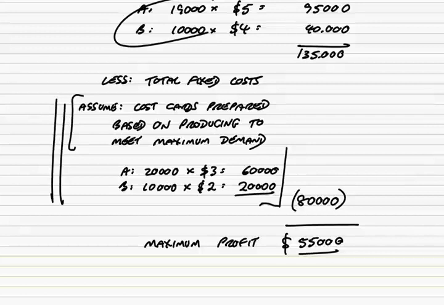Materials, it's $8 a unit. In total, more units, more materials, less units, less materials, and similarly labor, and similarly other variable costs. Now that's a fairly standard assumption all the way through management accounting, but think about it in real life.